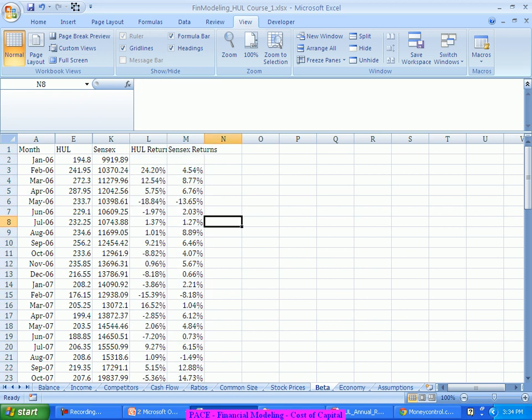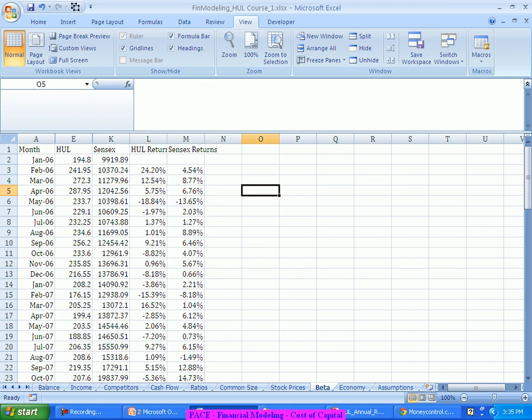See, in February 2006, the HUL stock price has gone up by 24%, whereas the Sensex has gone only by 4% in that month. The next month, the Sensex has gone by 8%, HUL has gone up by 12%. The next is reverse. Sensex has gone up by 6%, HUL has gone up by 5.75%. Like this is the process.